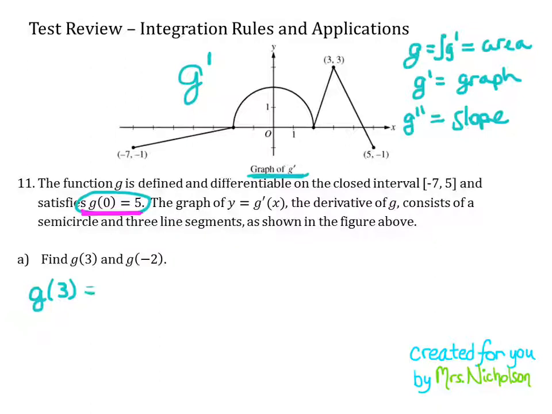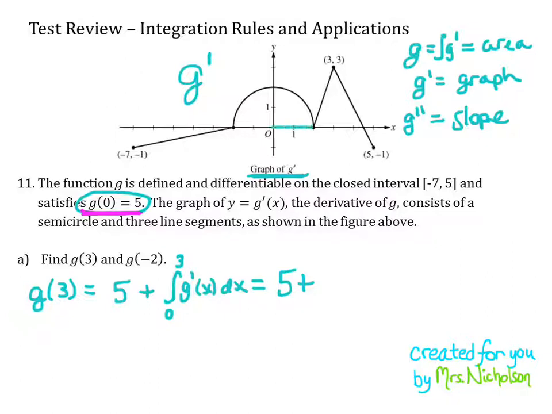And so what that means is that we're starting already at a value of 5, and then we're going to add to that whatever the area is from 0 to 3 of g prime of x dx. So 5 plus, now I need to find the integral from 0 to 3.